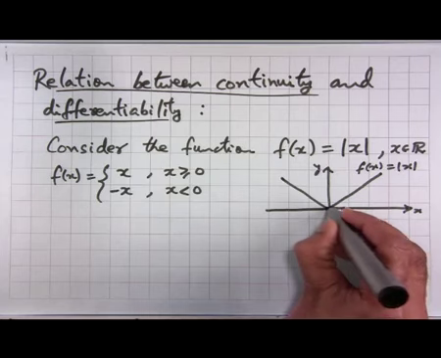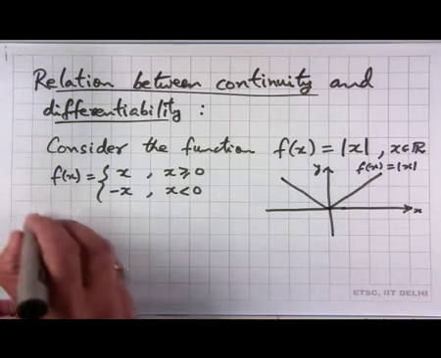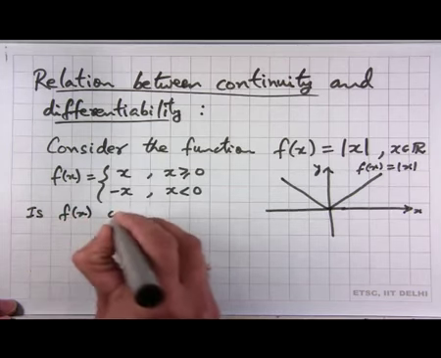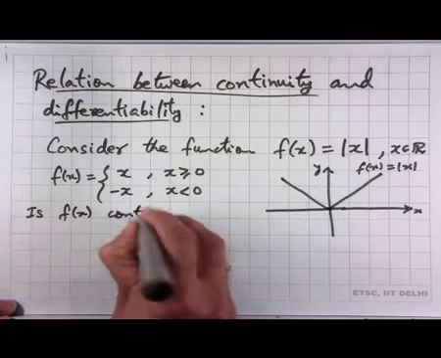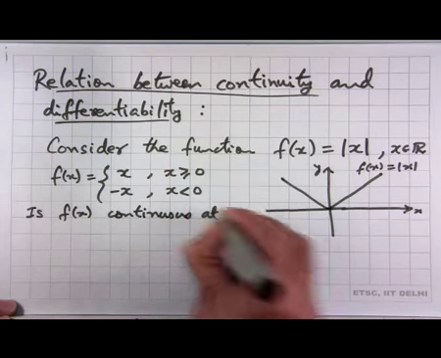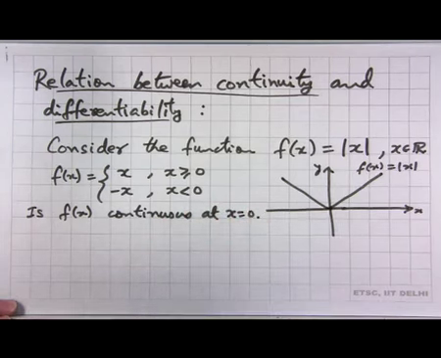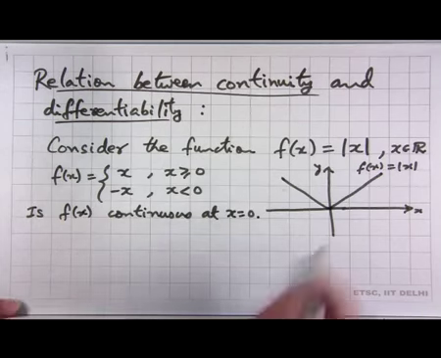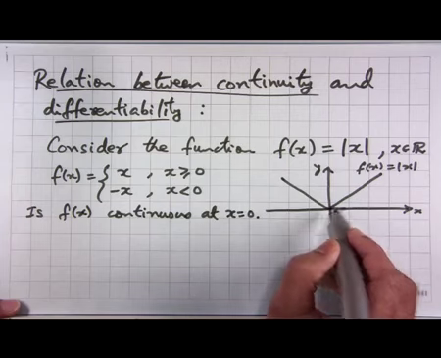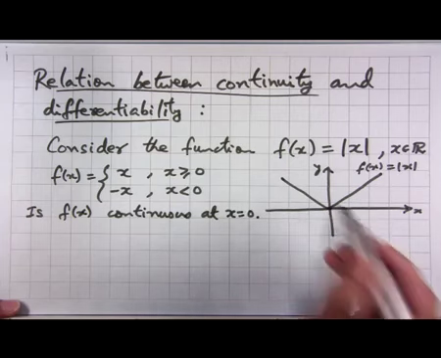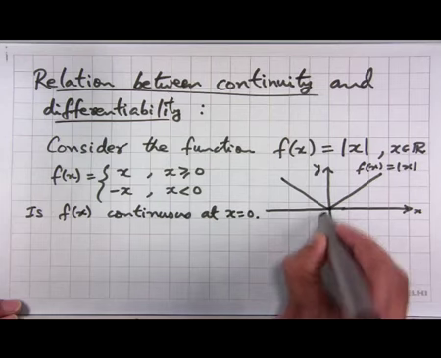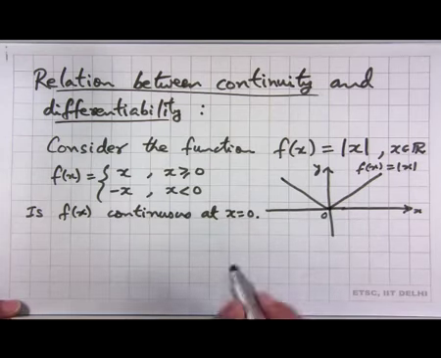Now, let us ask, is f x continuous at x equal to 0? Here it was easy to draw the graph of this function, and from this graph one can see that the function is continuous at 0, but we can also calculate the limit.